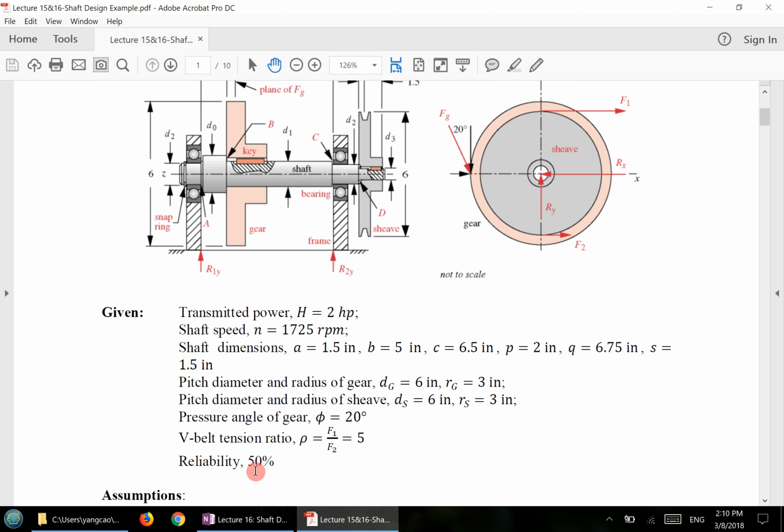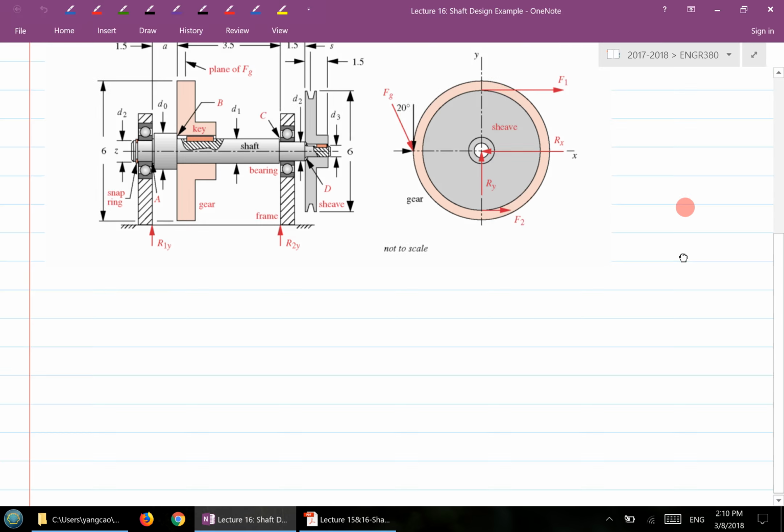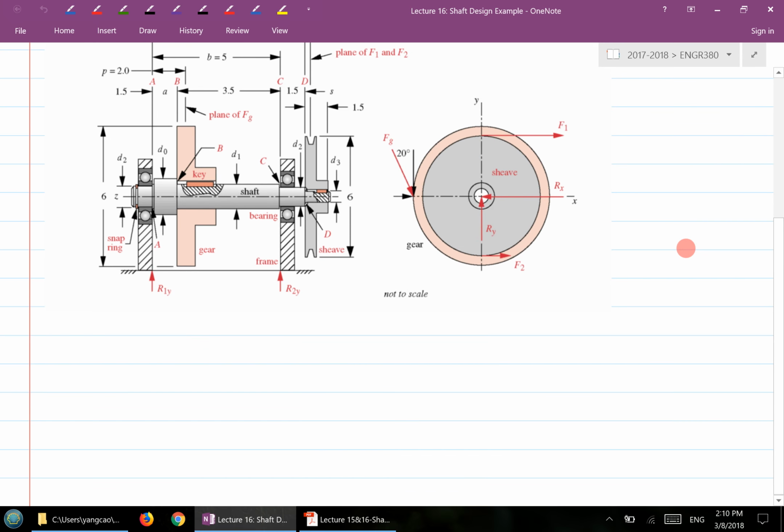First step, you need to calculate the torque. The torque comes from the horsepower and the shaft speed. Horsepower, as we said, is 2 horsepower.